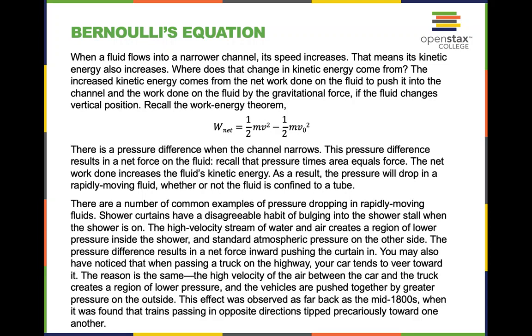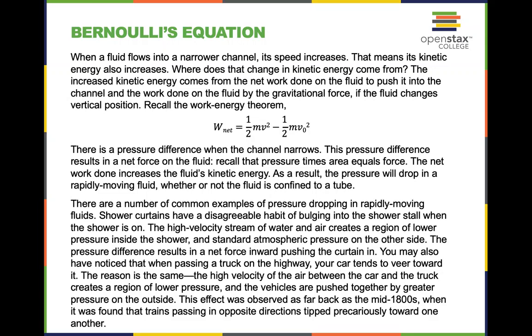Shower curtains have a disagreeable habit of bulging in the shower stall when the shower is on. The high velocity stream of water and air creates a region of lower pressure inside the shower, and standard atmospheric pressure is on the other side. The pressure difference results in a net force inward, pushing the curtain in. You may also have noticed that when a truck passes on the highway, your car tends to veer towards it.